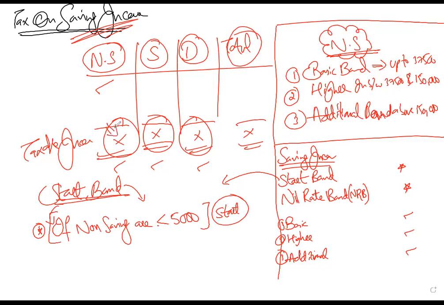I am not mistaken here: you may say, sir, you are explaining tax on saving income and writing non-saving here. Yes, I am writing it correctly. If our non-savings are less than £5,000, the start band will come. If our non-savings are higher than 5,000, there will be no start band. We will not apply the start band.